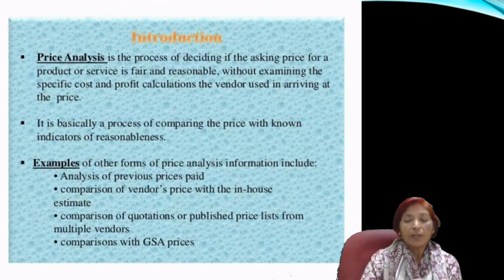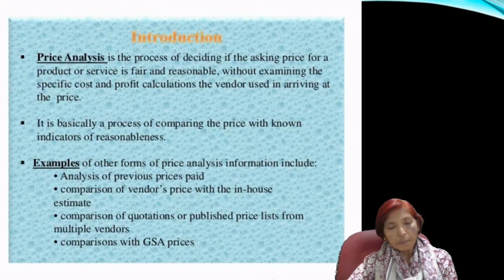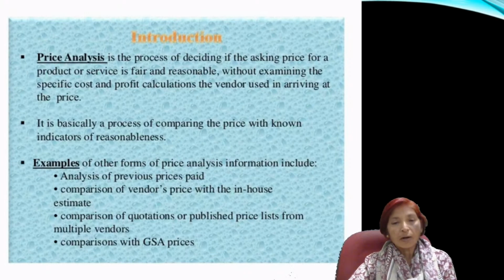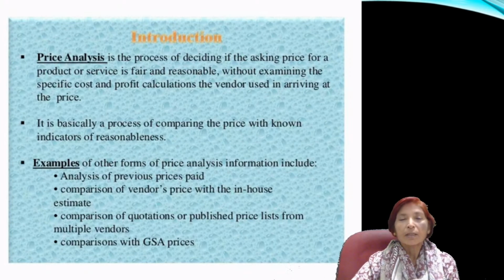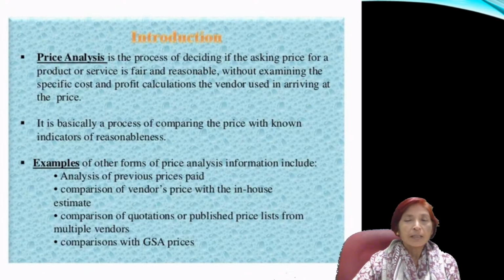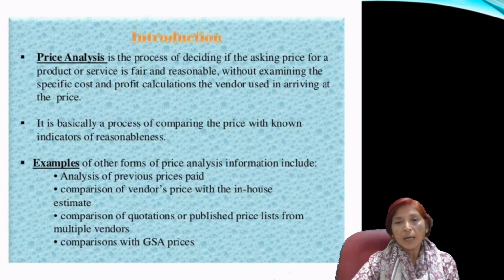If we compare the price of the previous year and the cost of production in different forms of market, and the price of quotations and published price lists from multiple vendors, then we can determine the actual price of the product.